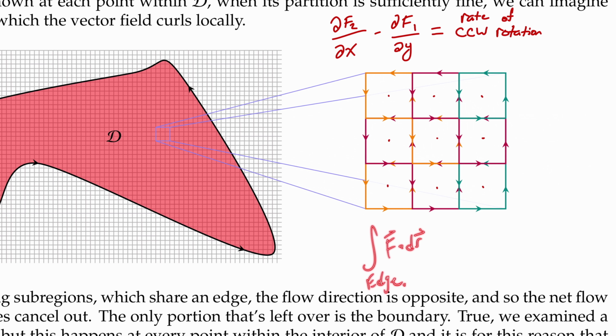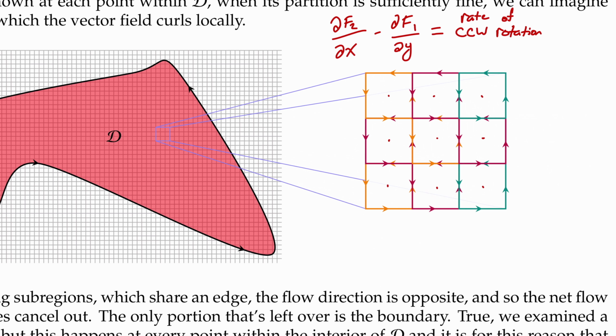So the line integral of f over just this edge would cancel out, because we'd have a line integral over this edge from the orange square, and then later on we'd have a line integral over this same edge going in this direction, because relative to this square that's counterclockwise.